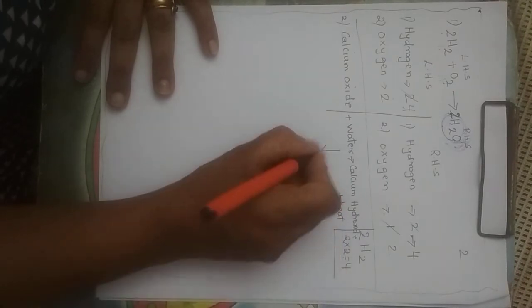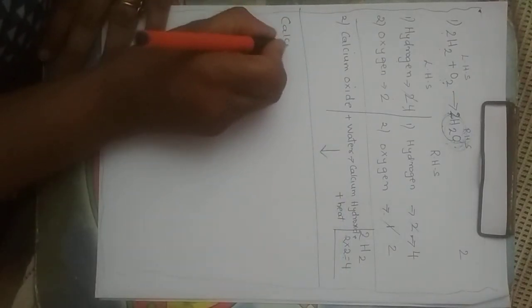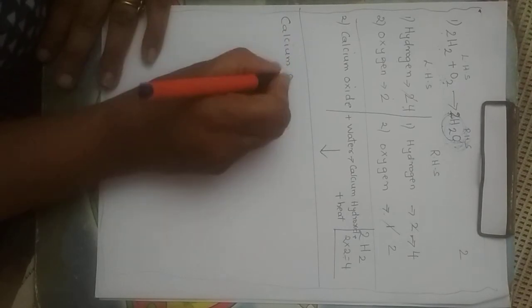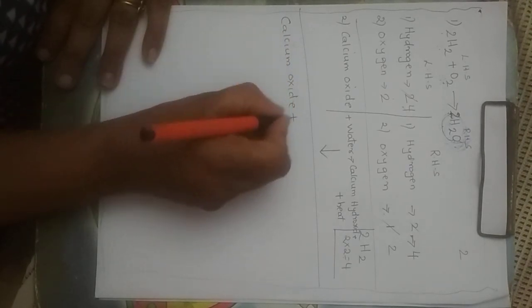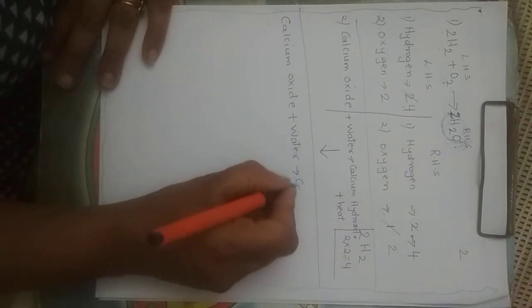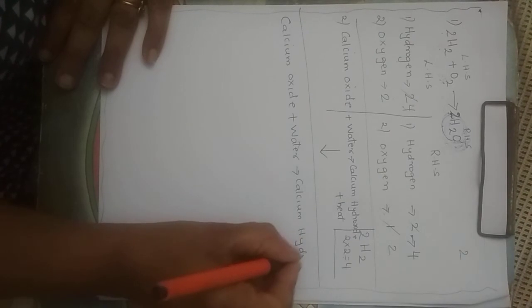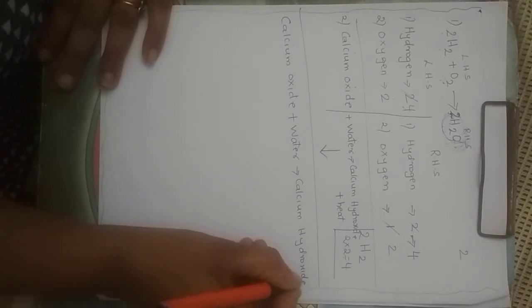I'll write this reaction again here. Since there is no place, I'll write it here, okay? So let's write properly. Calcium oxide plus water gives calcium hydroxide plus heat.